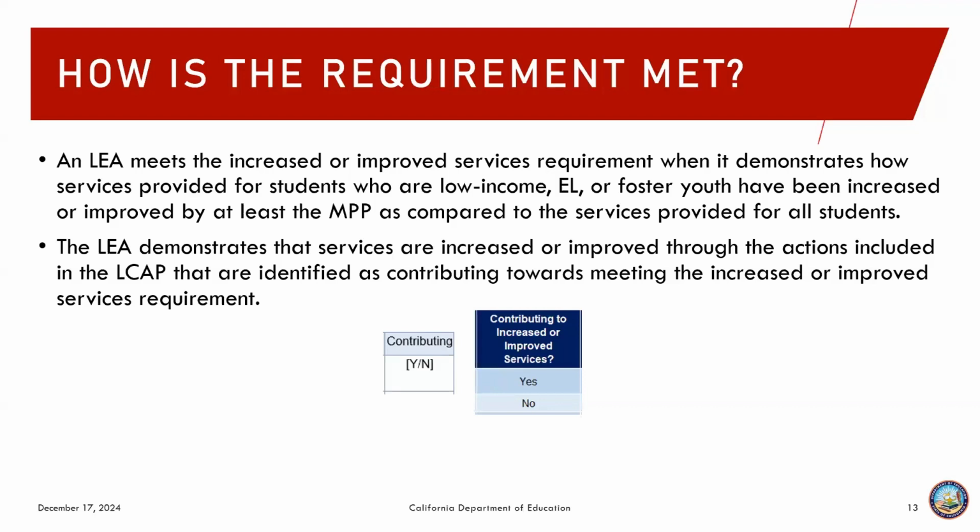Now, meeting this requirement to increase or improve services is done in a variety of ways throughout the LCAP template. In order for the LEA to demonstrate how it's meeting that, they're going to identify particular actions within the plan as contributing towards meeting the increased or improved services requirement.